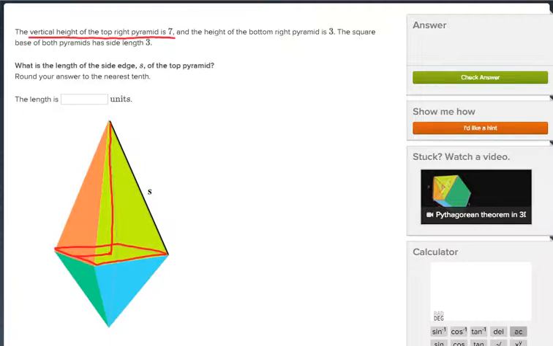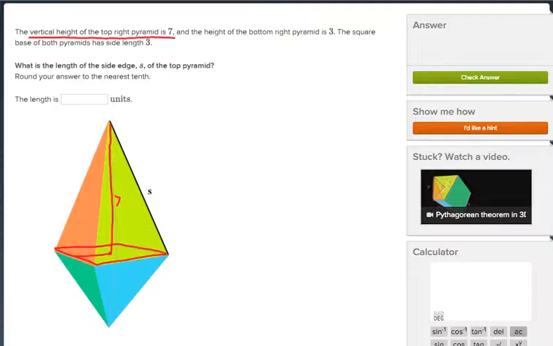Now, it's harder to see this in 2 dimensions when you're supposed to be looking at a 3 dimension. So if you've got a model, take a look at this. You're really looking right down through the point of it to the very center of the base, and that there is a length of 7.